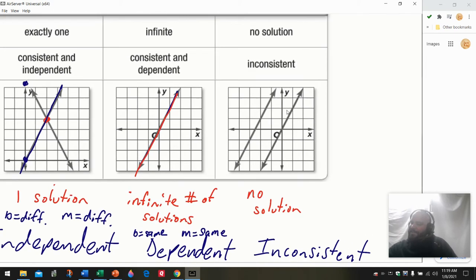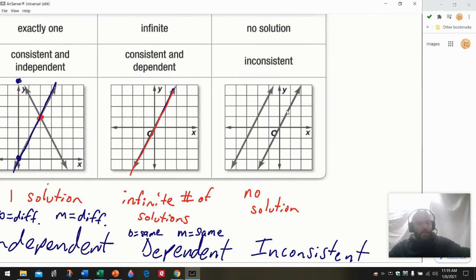Now, in this last example, you can see that we have two lines, and we need to look at the m and the b in these. So here's the m and then the b. The b is the y-intercept. The y-intercept for this line is here, and the y-intercept for this line would be all the way up here. So they clearly have different y-intercepts. So this is going to be different.